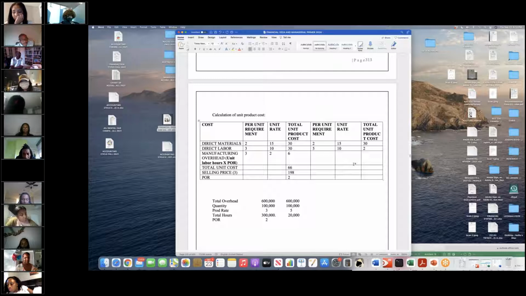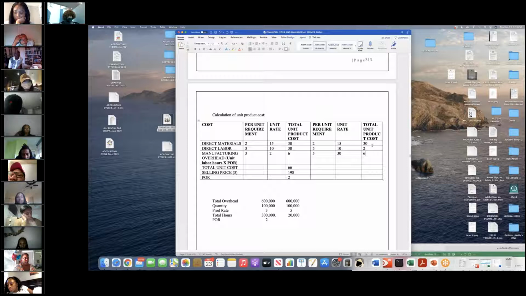Okay, so now our POR is 30. Yep, the per unit requirement is 5, but it's 5 per hour. So you're going to divide again, 5 into 30, and you're going to get 6 again.